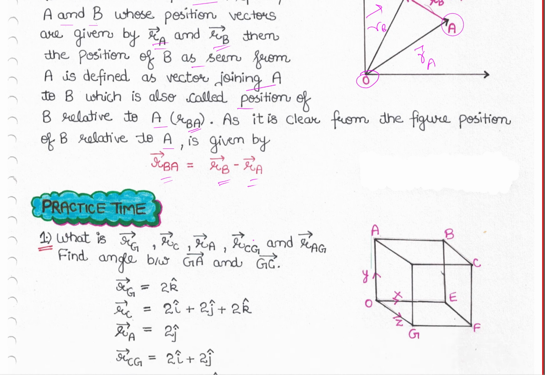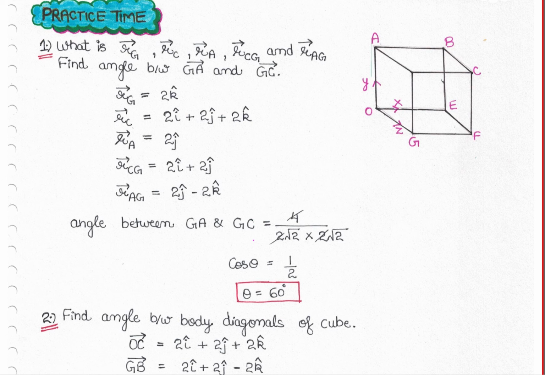Now if we have RG, RC, RA, RCG and RAG, find angle between GA and GC.